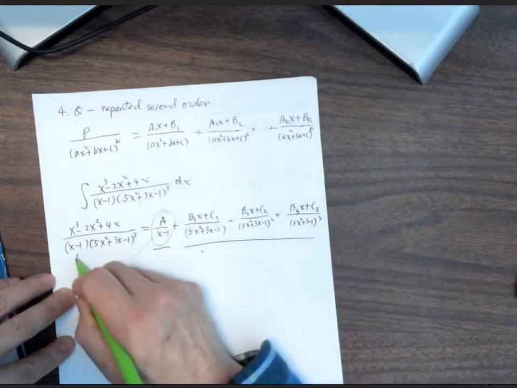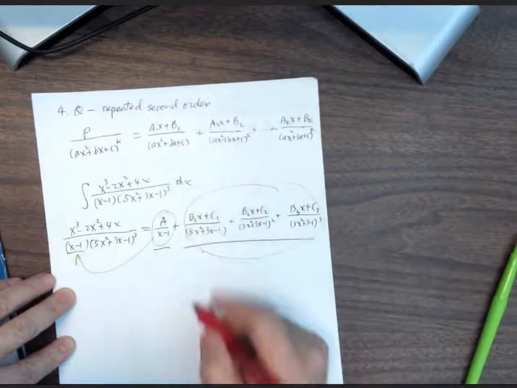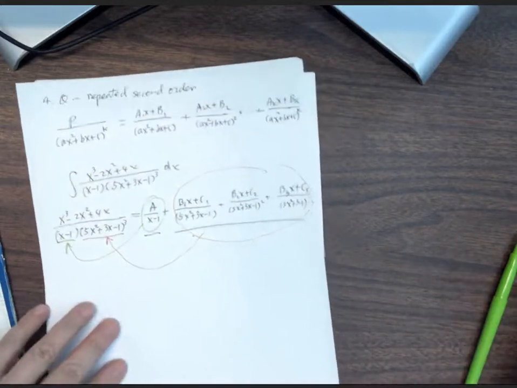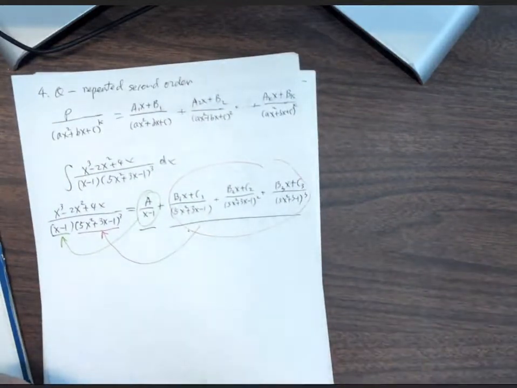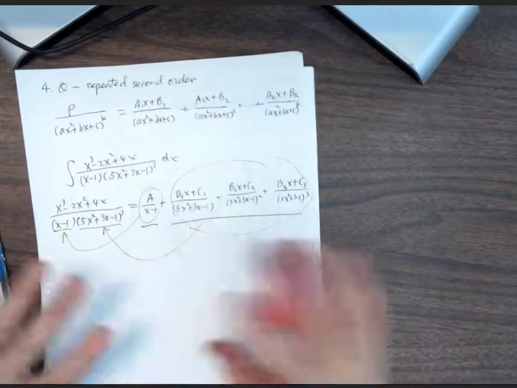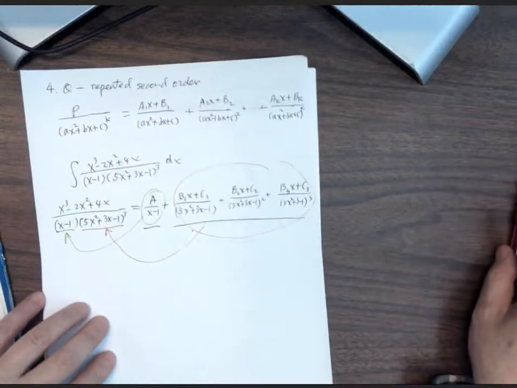This one corresponds to the first order, and these three correspond to the repeated second order. Well, you can imagine the algebra involved in order to really work this out. It's just practically too complicated.